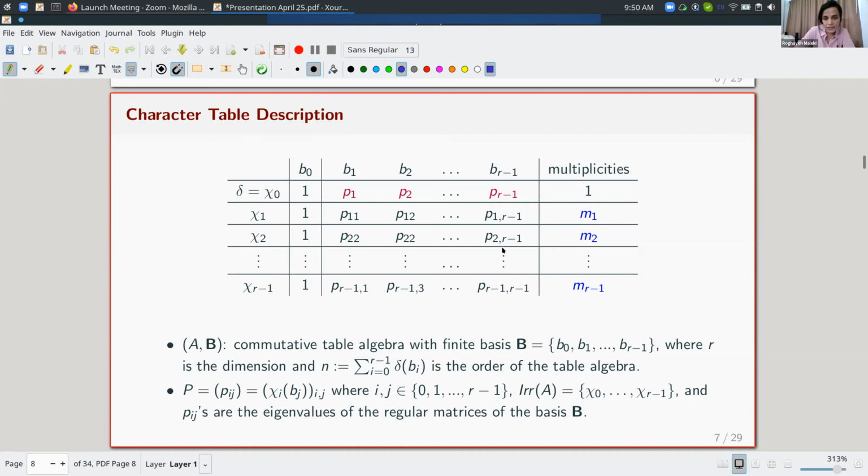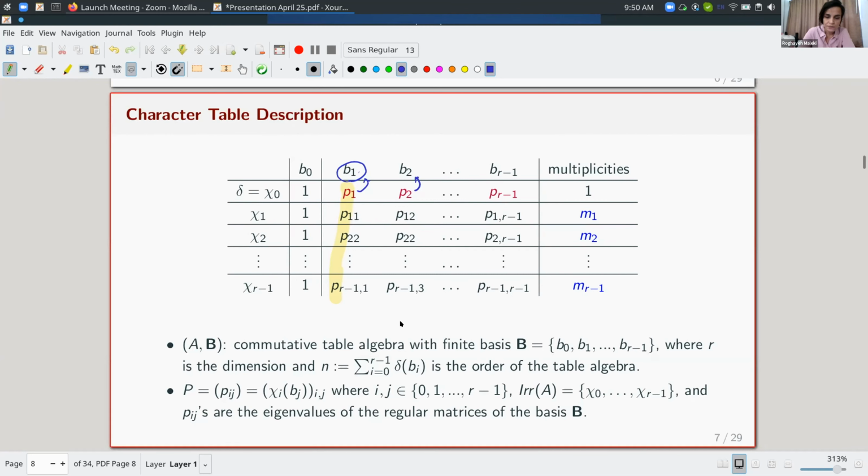Inside we have these elements, which are in fact the spectrum of each matrix Bi. The first row, denoted in red, holds the largest eigenvalue of each matrix Bi. We must note that our table algebra is here commutative.